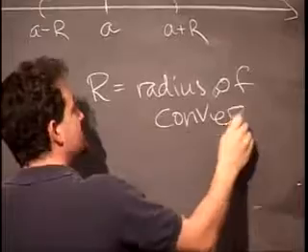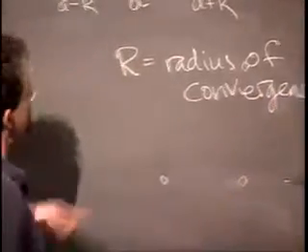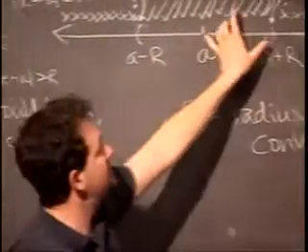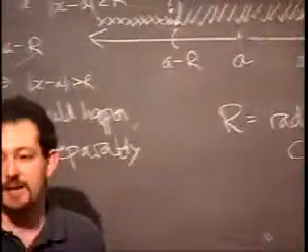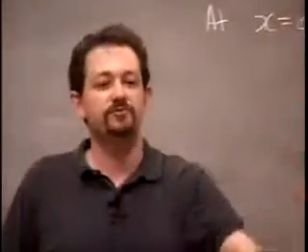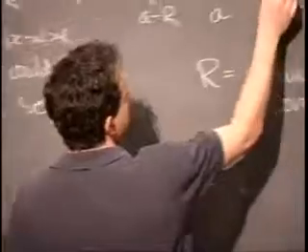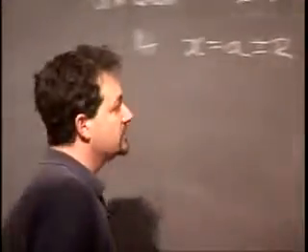And the reason it's a radius is, imagine taking your compass, sticking it on the center a, and marking off this arc here, boom, and boom. And when we do complex numbers, you actually get a full circle because instead of a line, you have a plane, but that's not until a little later. So then it looks like a circle rather than just a little interval, but you can still imagine the compass. So r is the radius of convergence, and this is one possibility of what can happen. Okay, so be familiar with it.